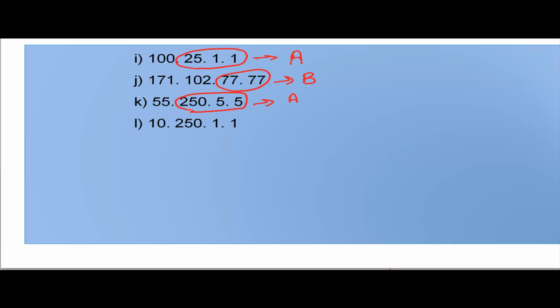Then 10.250.1.1 is a class A IP address, so the last three octets are our host part. So this is how we can identify the host portion of an IP address.